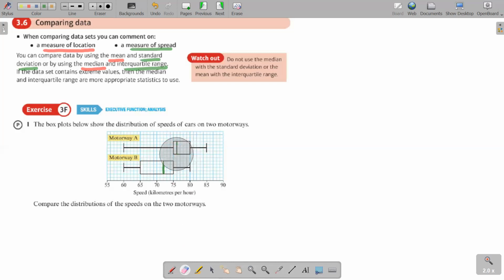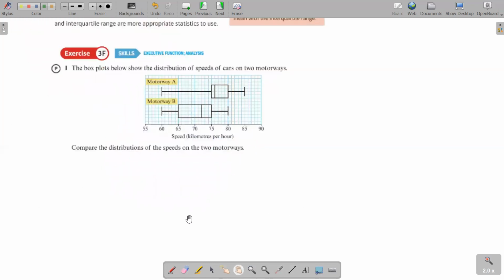So what we'll do is first let's write down all the values. Okay, so motorway A, let's get the median. What's the median in motorway A? The median is going to be 76, right?